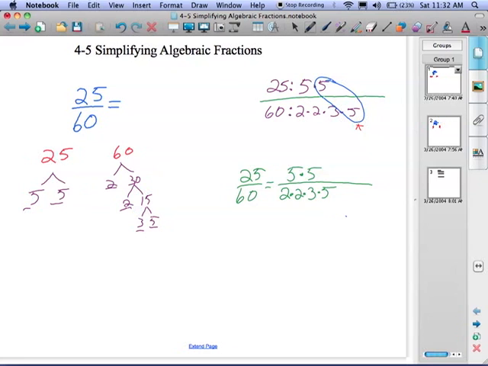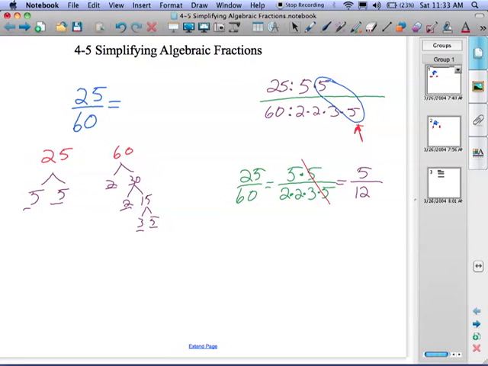In other words, the ones that we circled for the greatest common factor actually cancel each other out in this prime factorization fraction that we've created. Make some room. And we can simplify this by saying that on the top is just the 5, it stays there, and then on the bottom we multiply the numbers together. 2 times 2 is 4, 4 times 3 is 12.